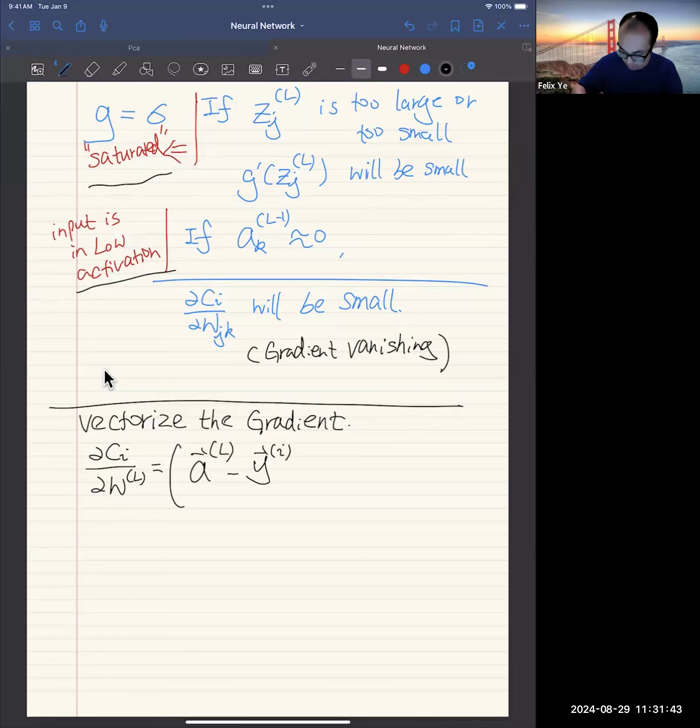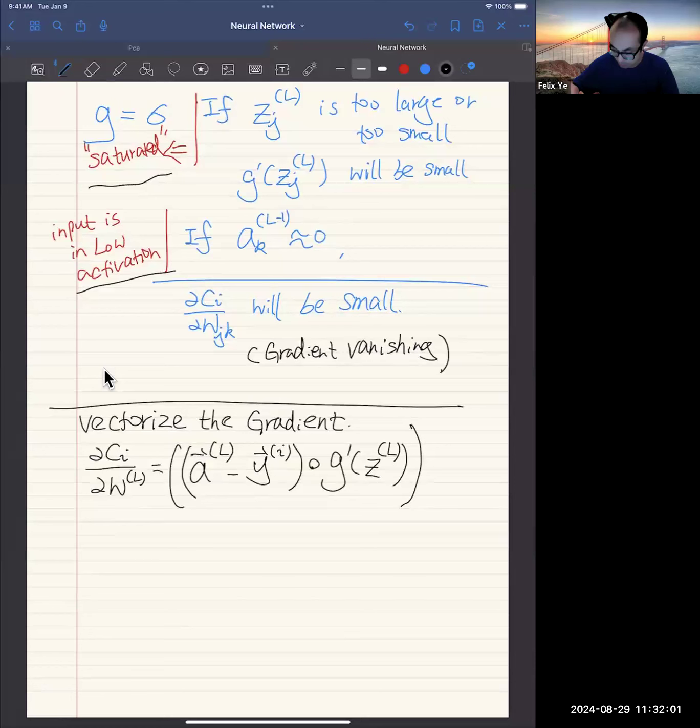This is something we already know, the basic measure of how off the output is from the ground truth. Then the element-wise product with G prime of ZL, then the matrix product with A of L minus 1 transpose.